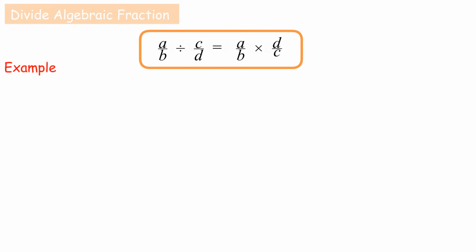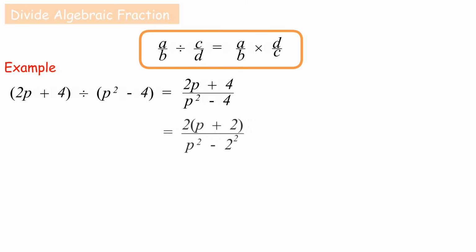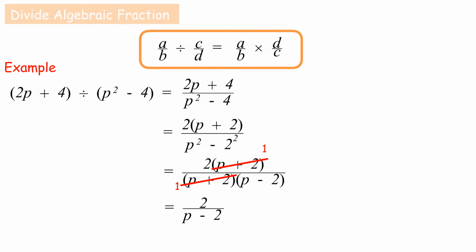Example: 2p plus 4 divide by p squared minus 4 can be written as 2p plus 4 over p squared minus 4 equals 2 times p plus 2 over p squared minus 2 squared equals 2 times p plus 2 over p plus 2 times p minus 2, equals 2 over p minus 2.